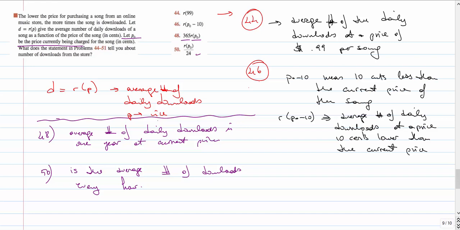Let me write it in better English. So if I correct 48 in better English: average number of downloads in 1 year at current price.